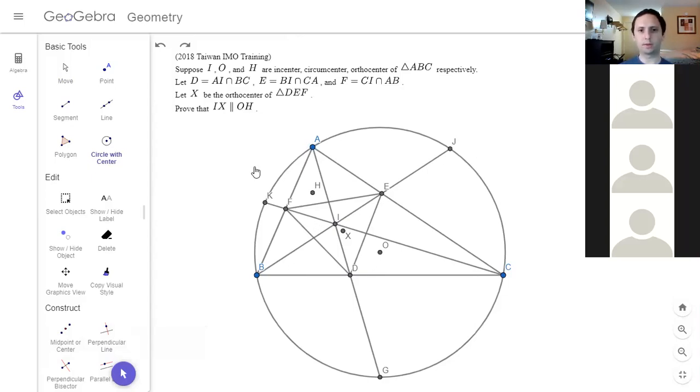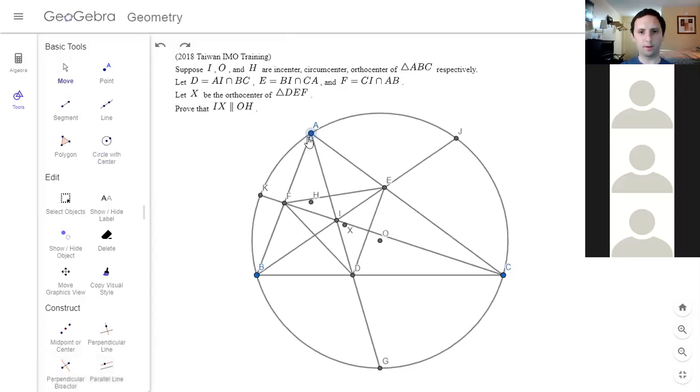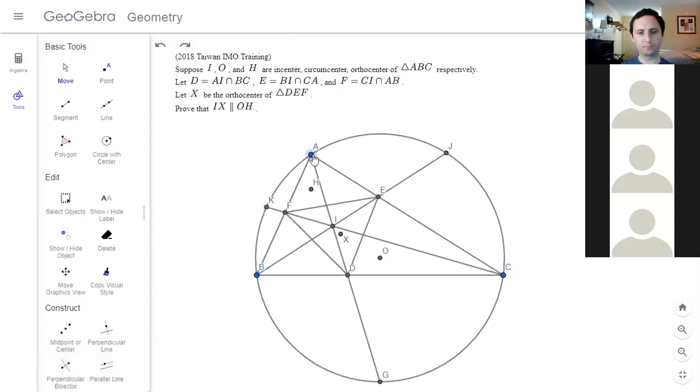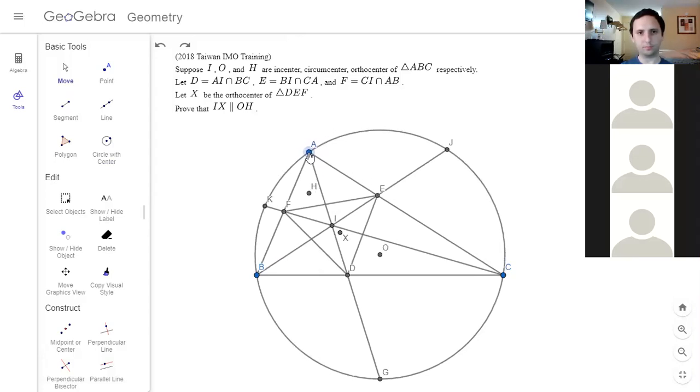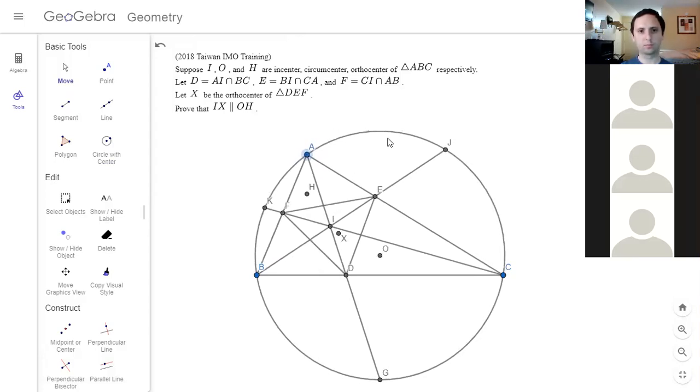So OH is a whole line that passes through a bunch of well-known points. If they're parallel, maybe inversion works. I don't know.